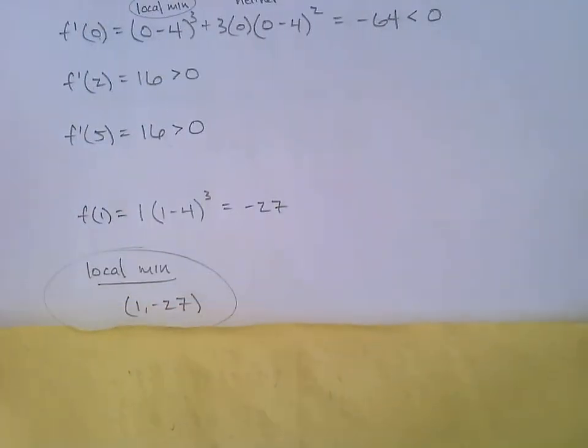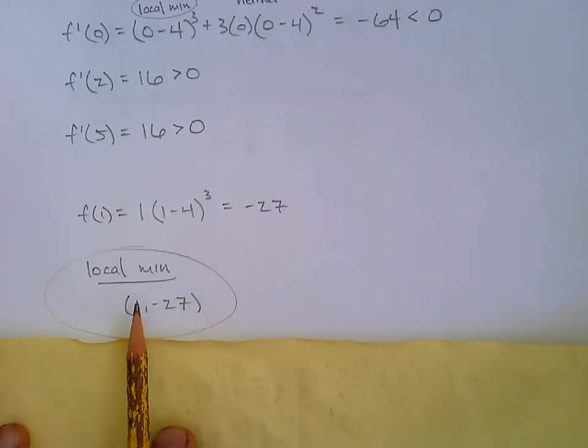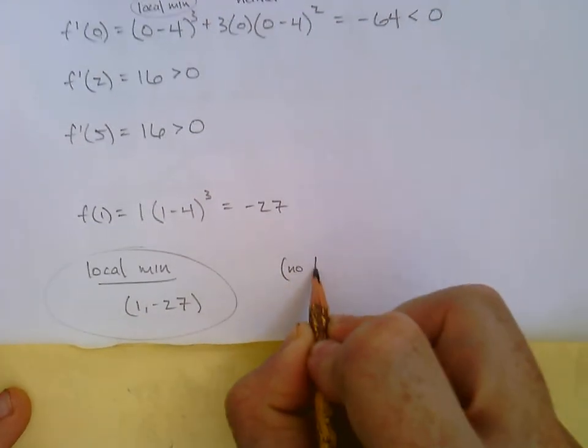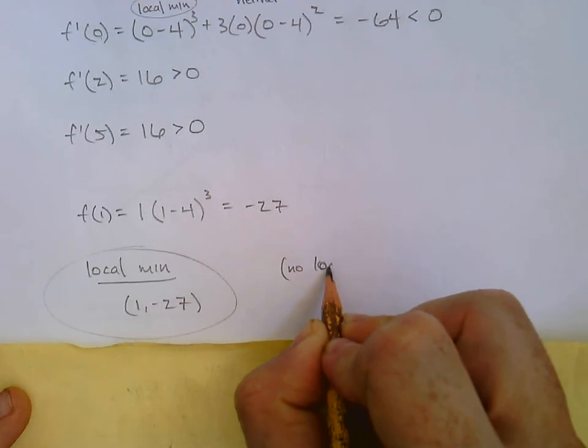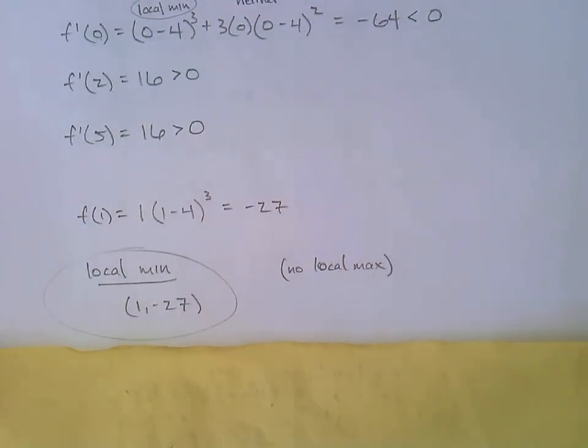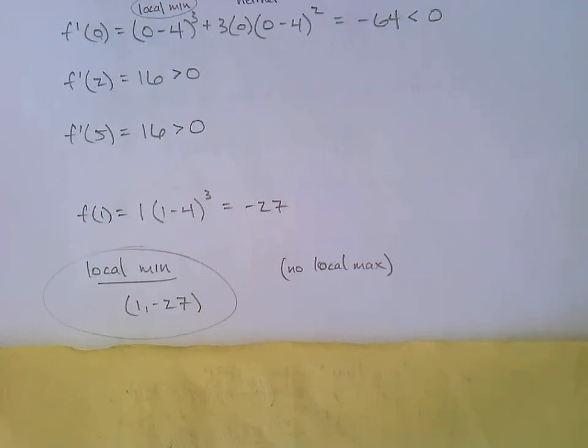And I've got the answer. All we've got is a local min at the point 1, negative 27. There's no local max. I don't really have to write this. It's implied if I don't say it, but just to be really clear. Okay, let's stop this video here. More to come.